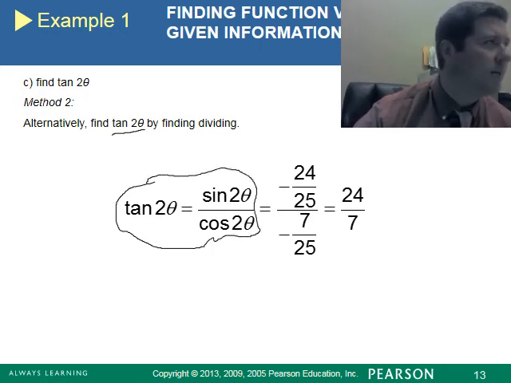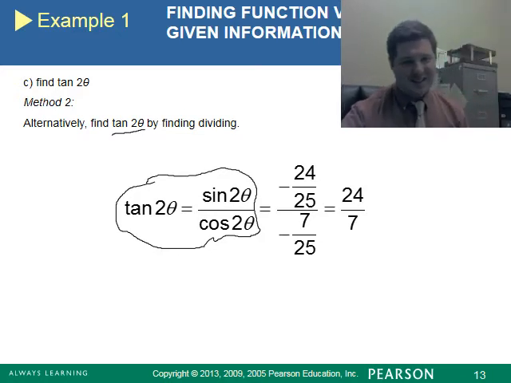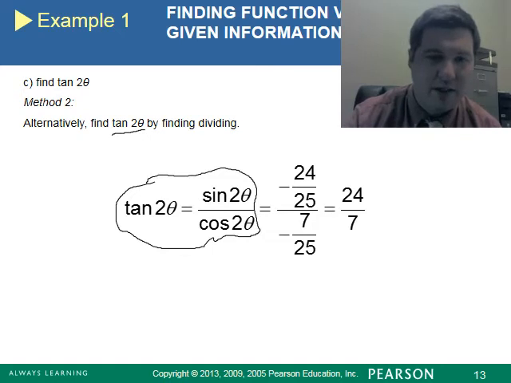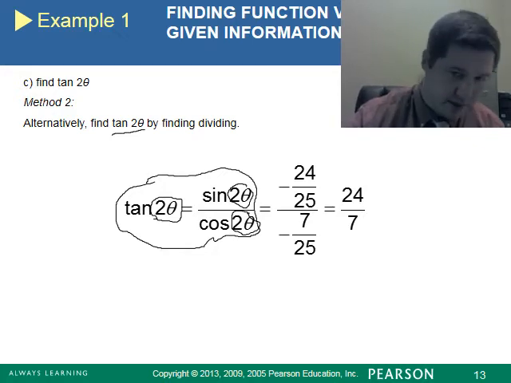Our big identity for tangent says whatever that angle is, even if it's twice some angle, we can find it just by taking the sine of that and dividing it by the cosine of that. And since we spent all that time finding those values, we might as well use them.